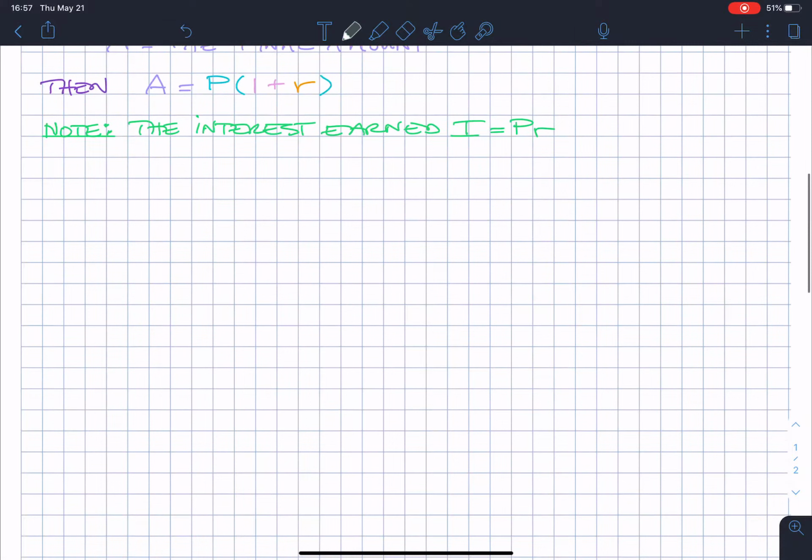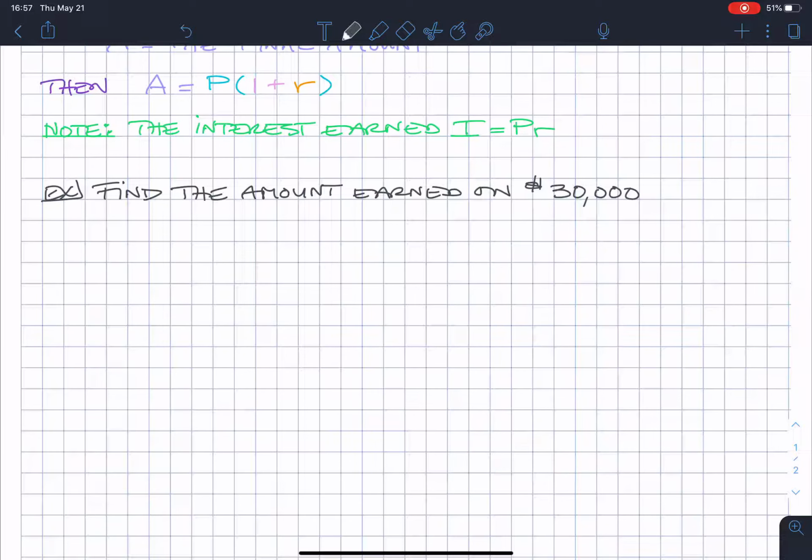Okay. So for example, find the amount earned on, let's say, $30,000, if the interest rate is a one-time 3%.